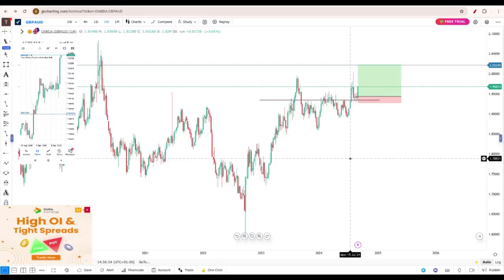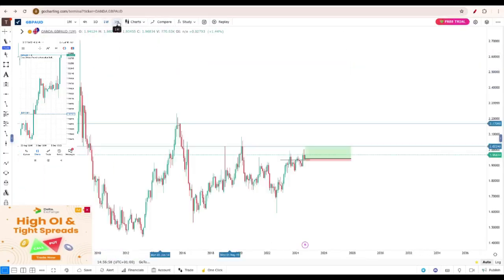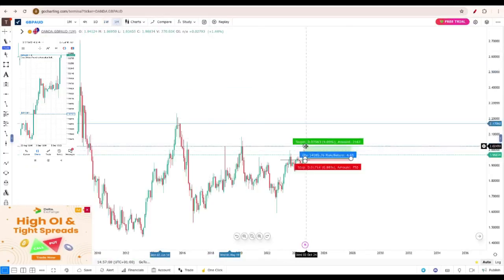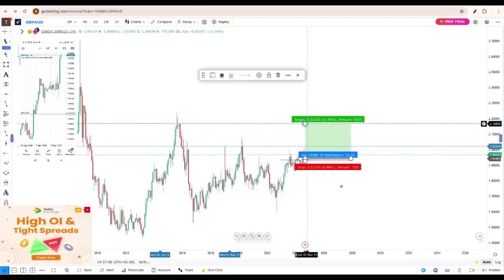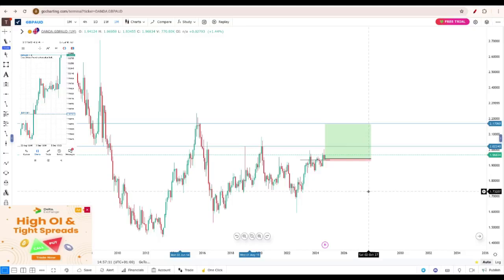Overall, I'm looking at over 2,000 pips on this trade, guys. Yeah, 2,000 pips. That is what I'm looking at. But it's going to take several months, guys. Presently, as I said, we are in September.